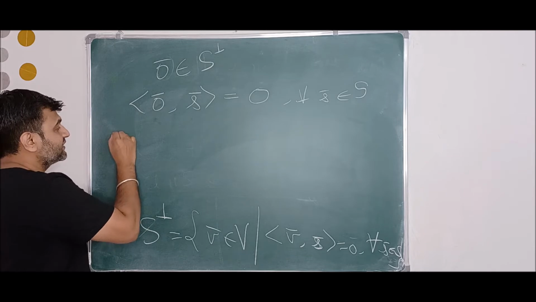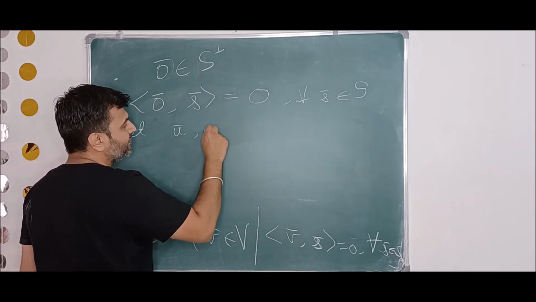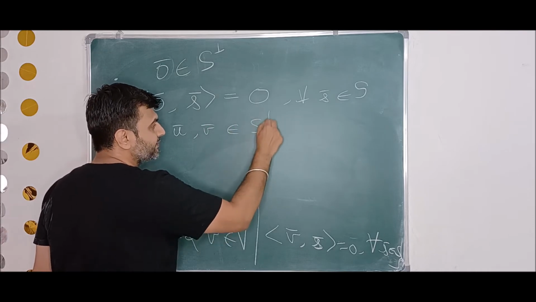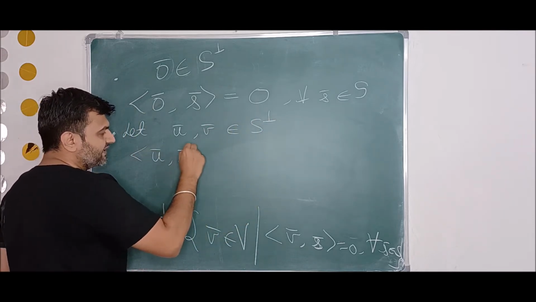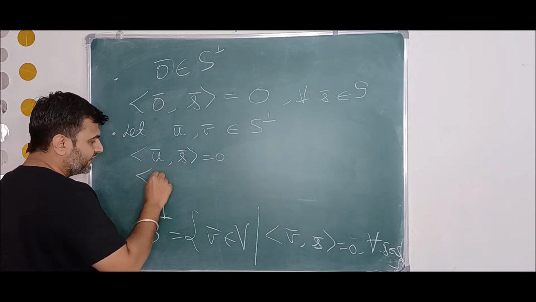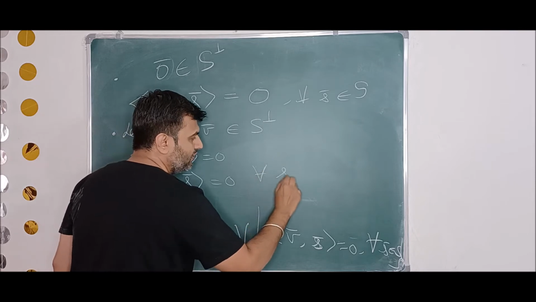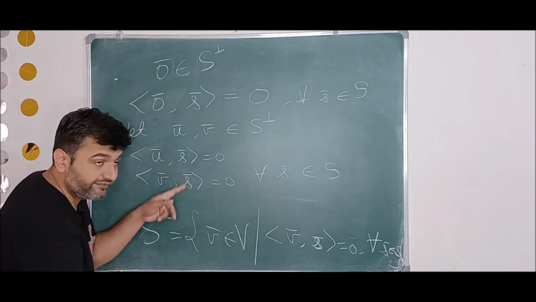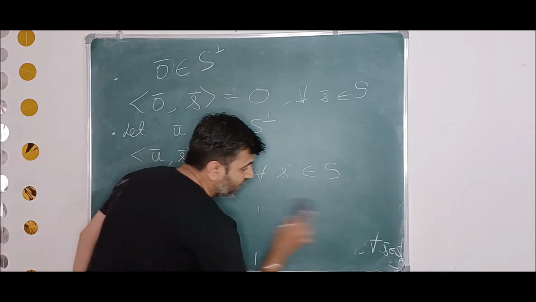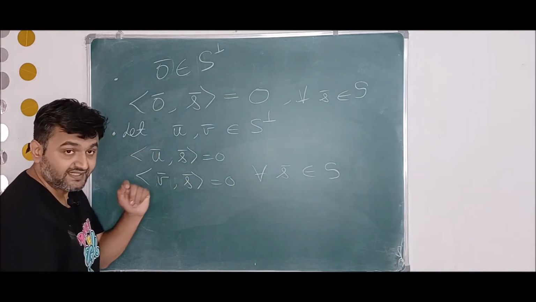What is the second condition for a subspace? You take two vectors, let U bar comma V bar belong to S perp. That means the inner product of U bar comma S bar is 0 and the inner product of V bar comma S bar is 0 for all S bar in the set S. This is by definition. Now I want to prove that their addition U bar plus V bar is in S perp.